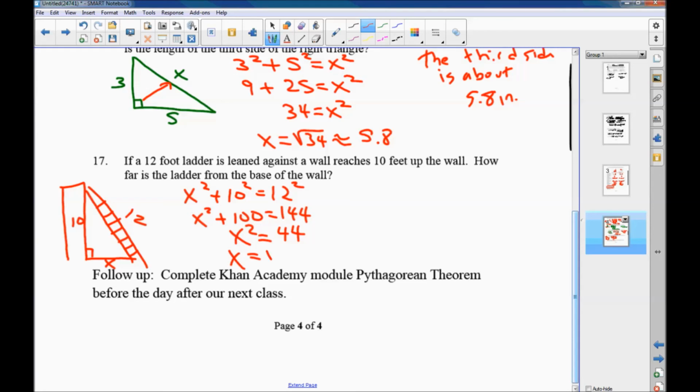So x is equal to the square root of 44, but we'll go ahead and round that, which is about 6.6. All right, so how far is the ladder from the base of the wall? The ladder is about 6.6 feet from the base.